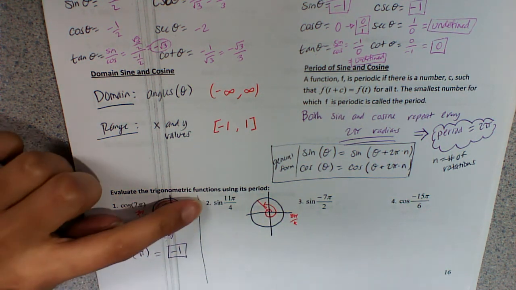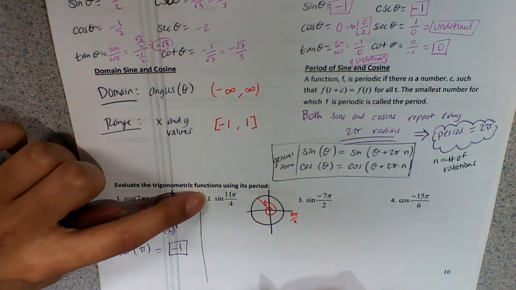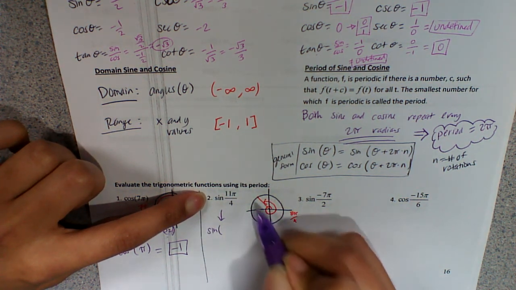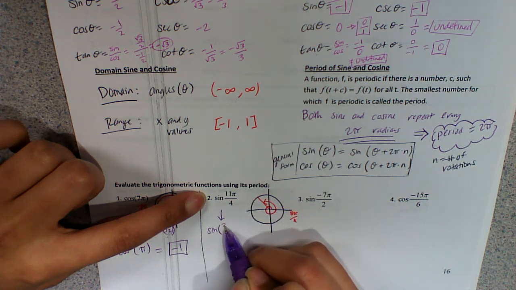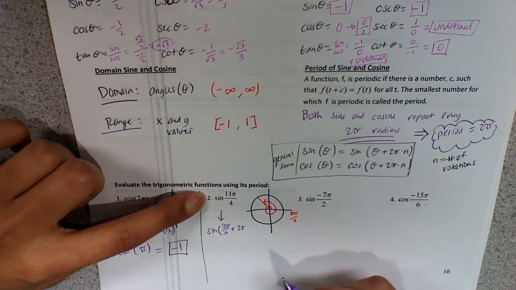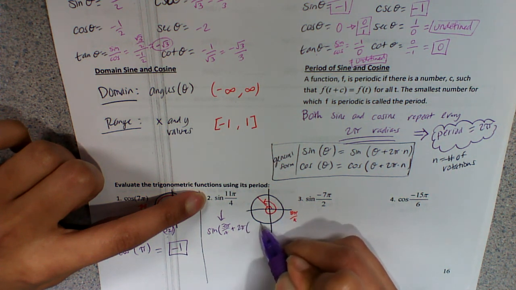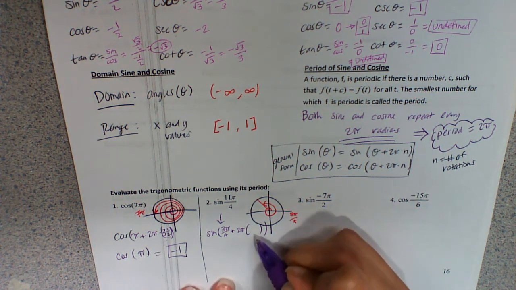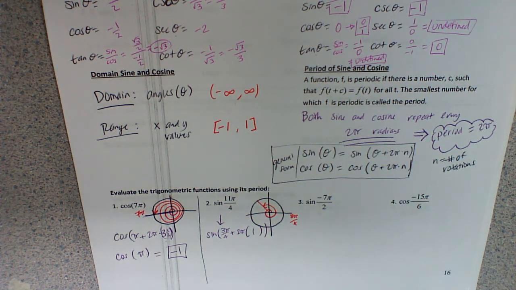Now if I expand this, I'm going to say that sine of 11 pi over 4 is actually sine of 3 pi over 4 plus a period, which is 2 pi, times the number of revolutions it took to get there, which is really just 1.